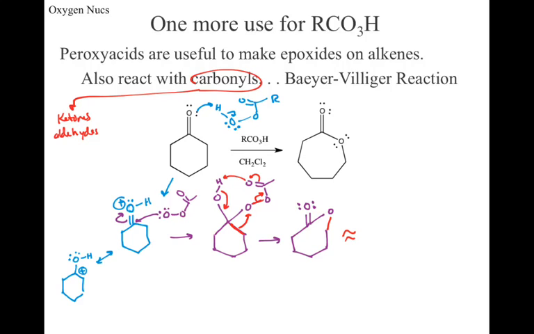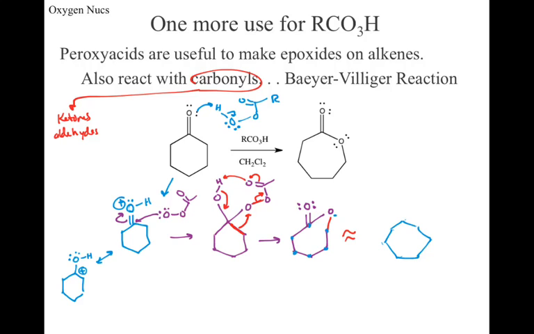So we've got 1, 2, 3, 4, 5, 6, 7 atoms within a ring. So if we attempt to draw this, probably do a horrible job of it. Already starting to draw it wrong. Let's see, 1, 2, 3, 4, 5, 6, 7.